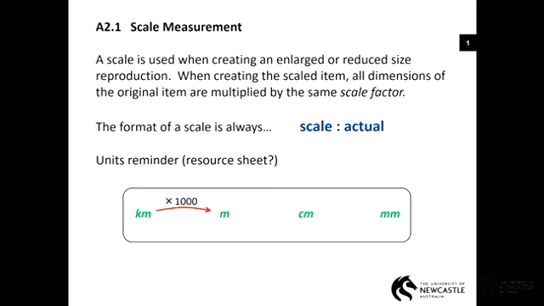So 5 kilometres times 1,000 is 5,000 metres. 5 metres times 100 is 500 centimetres. 5 centimetres times 10 gives you 50 millimetres. Kilometres to metres, metres to centimetres, centimetres to millimetres, and of course, backwards.